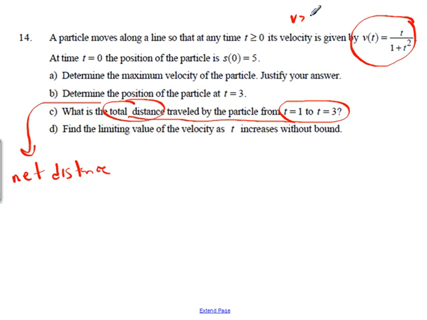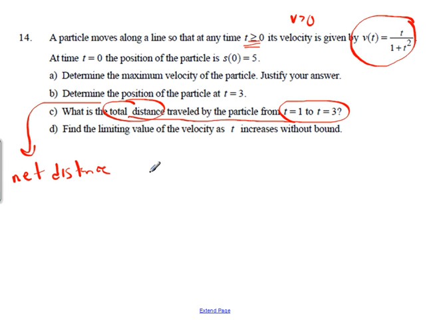My velocity is always greater than 0 as long as t is greater than 0. At t equals 0, my velocity is 0 over 1, which is 0. But for every value greater than that, we're going to get a positive value over a positive value. The velocity will always be positive. So as long as the velocity is always positive, you're always traveling in the same direction. Therefore, total distance equals net distance.